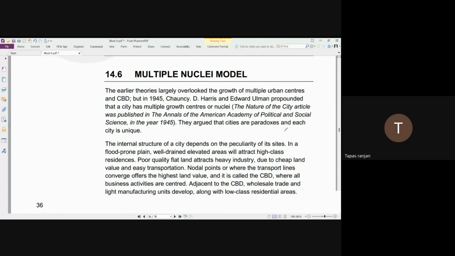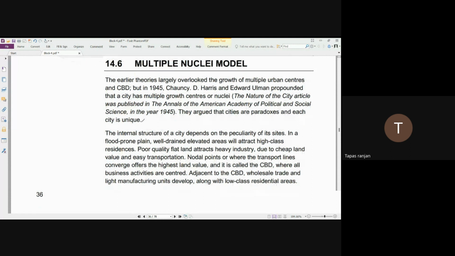A lot of urban places will be having different nucleus regions. Okay, so that has been given by Harris and Ullman. It was published in the Nature of Cities article.